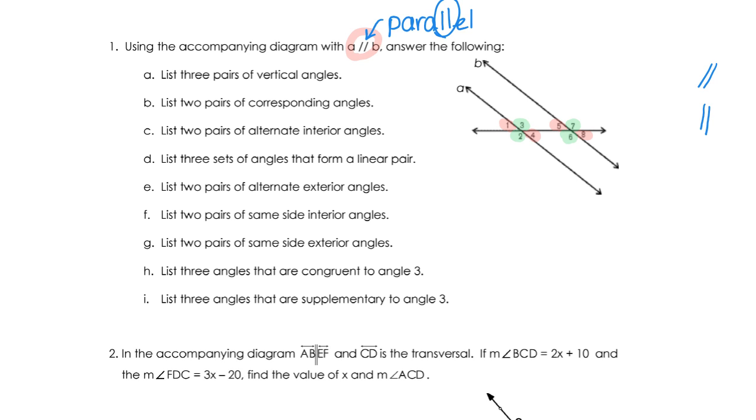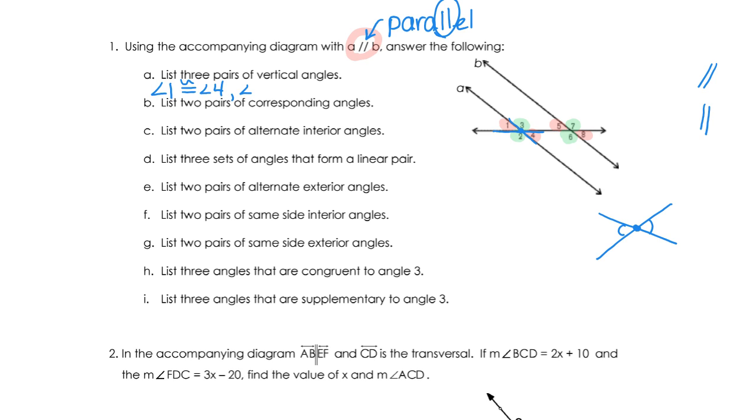So in part A, they said list 3 pairs of vertical angles. Well, remember vertical angles, guys, are these angles that look kind of like a bow tie. I always think that they look like a bow tie anyways. All right, so remember vertical angles, you got 2 intersecting lines, one angle on one side, one angle on the other side of that point of intersection, and those are vertical angles. So if you see that situation right here, okay, see how angle 1 would be vertical and congruent to angle 4.